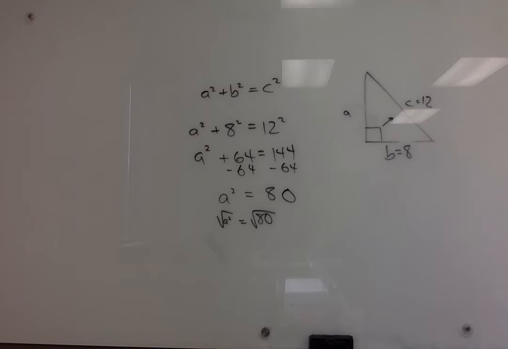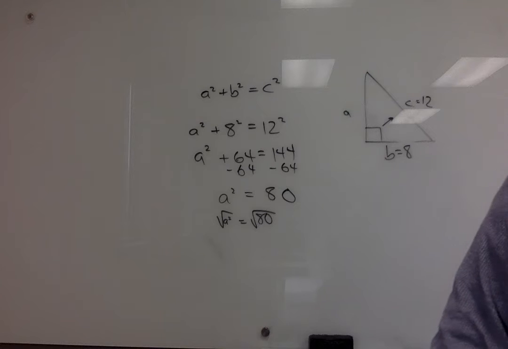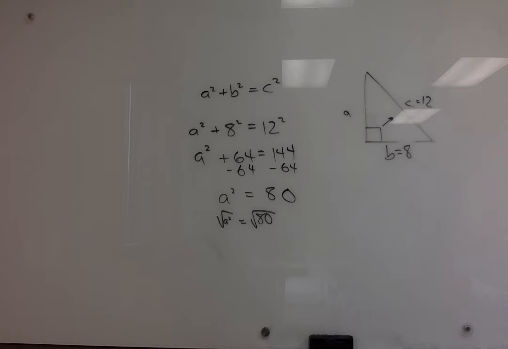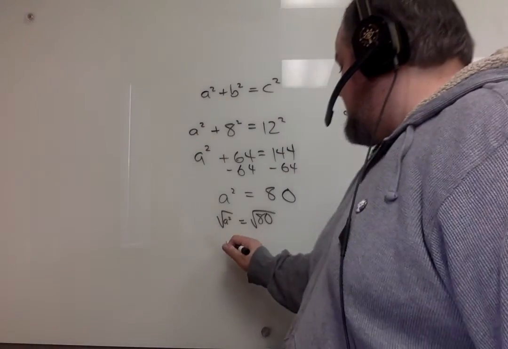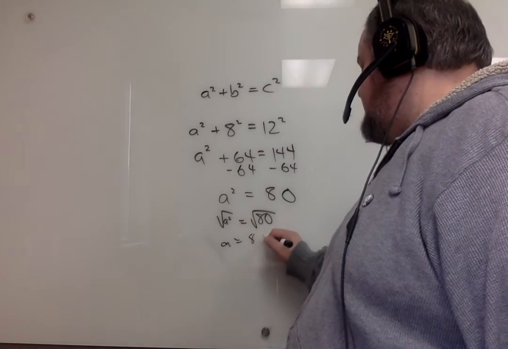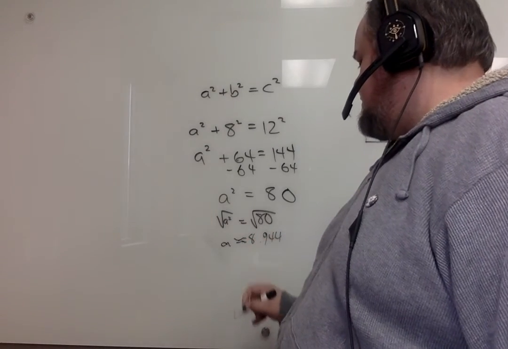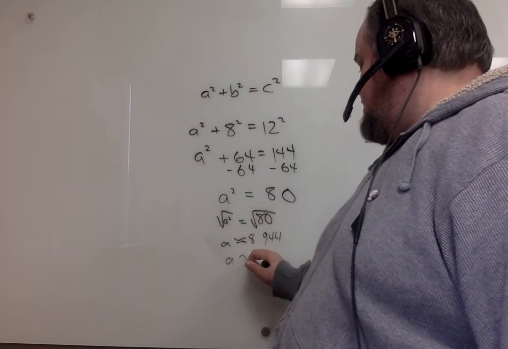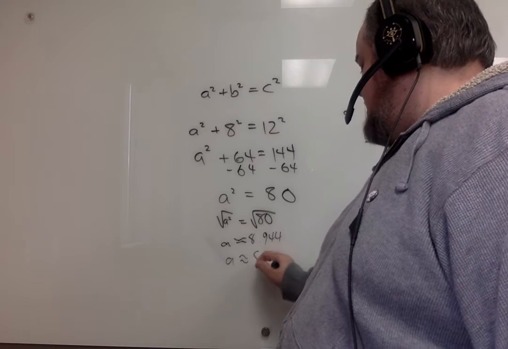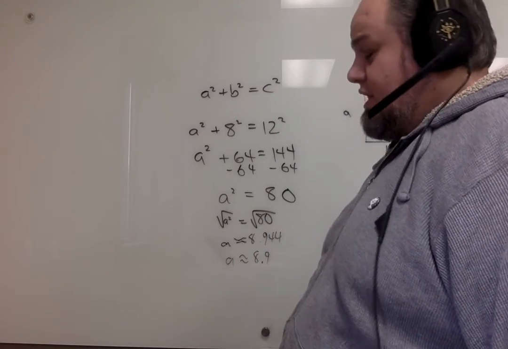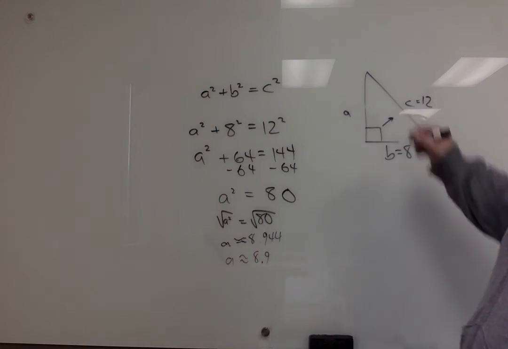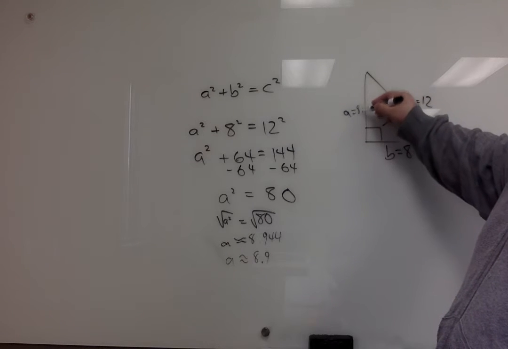The square root of 80 is rounded to 8.944. We're going to round it to the nearest tenth. So here we would get a equals 8.944. Remember, this is approximately equal, so we use a wavy equal sign. Then we round it to the nearest tenth, so 8.9 is our answer. So a equals 8.9.